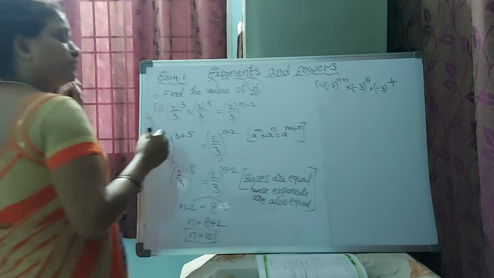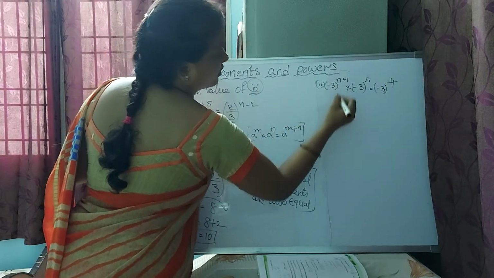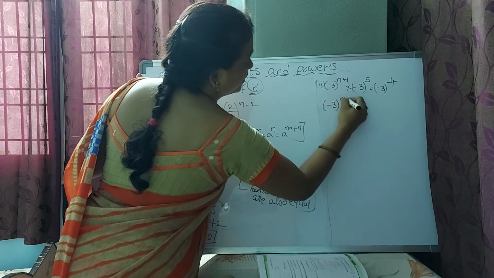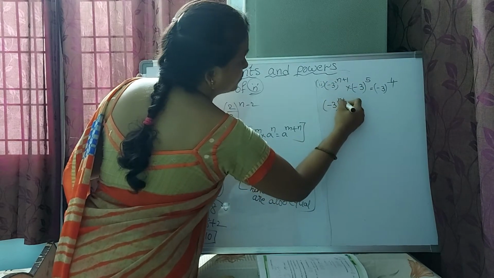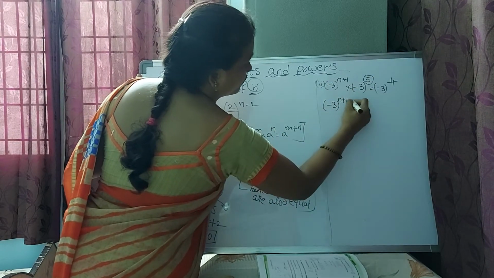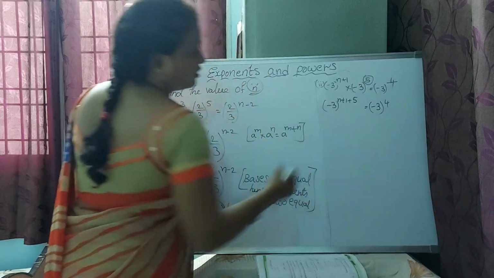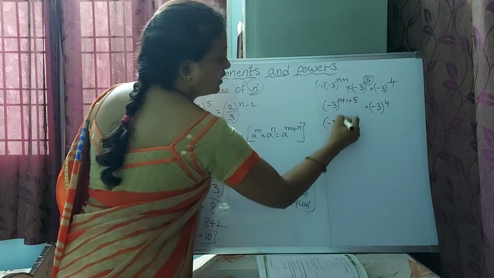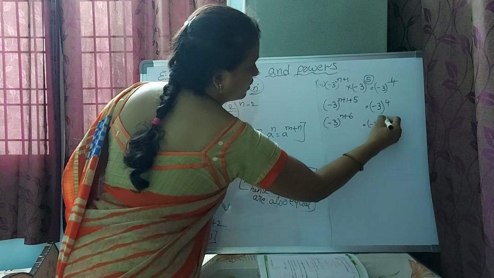Here also the same formula: a^m × a^n = (−3)^(m+n), where m is n + 1 and n is 5. Now add this, so (−3)^(n+6) = (−3)^(−4).